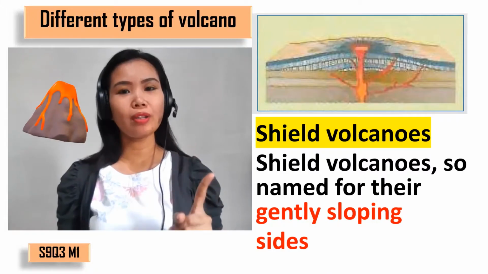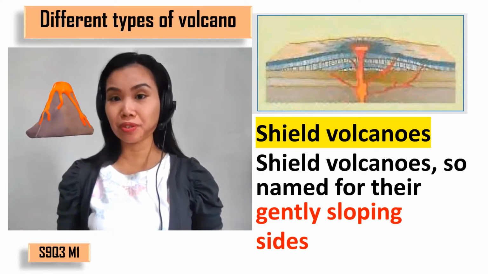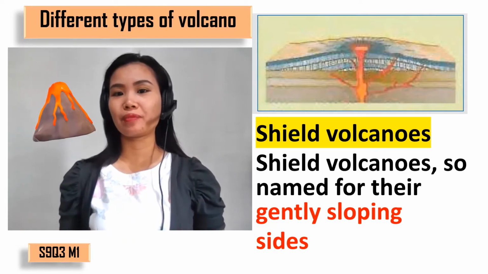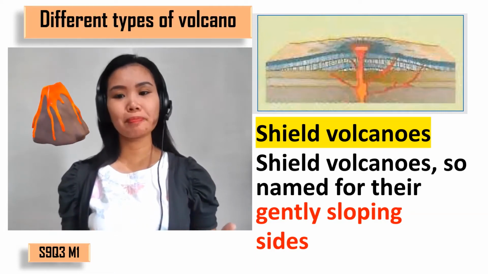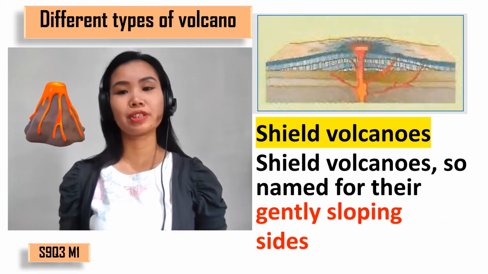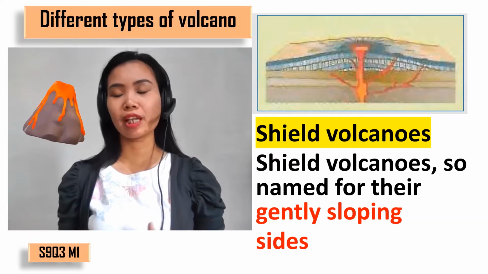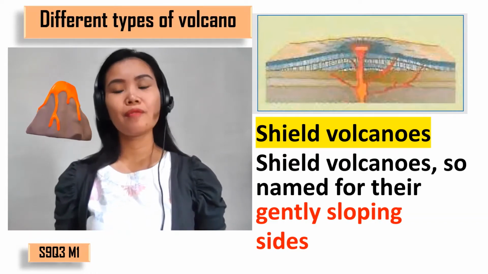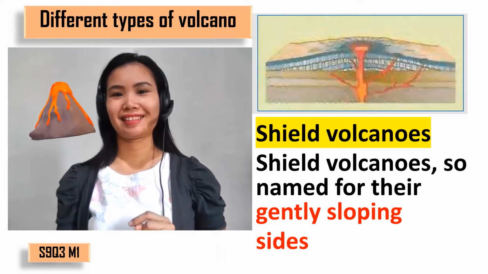Although volcanologists have different bases for classifying volcanoes, one way to classify volcanoes is by their cones. In our picture, it shows the example of our shield volcano. Shield volcanoes are named for their gently sloping sides.